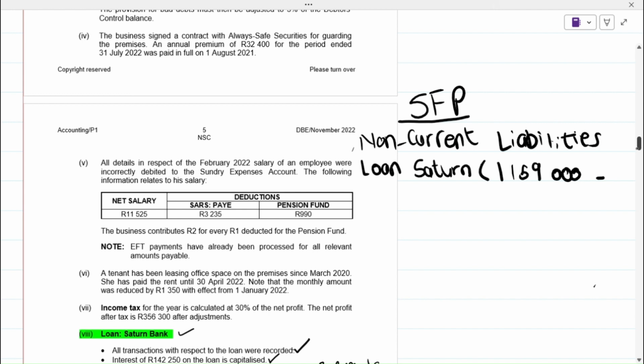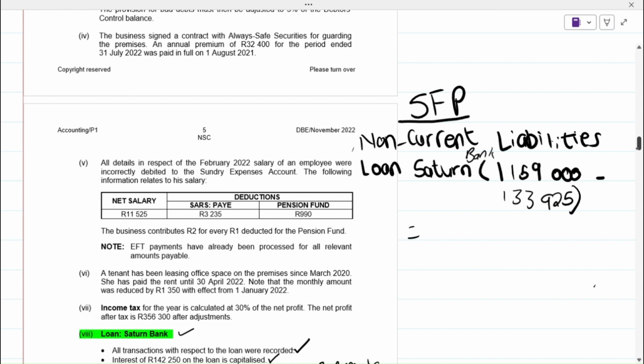As I said, under your non-current liabilities, your loan from a certain bank, let me write bank here, will be 1,159,000, which is your balance at the end, and you're going to less your current portion on loan, which we found to be 133,925, right?